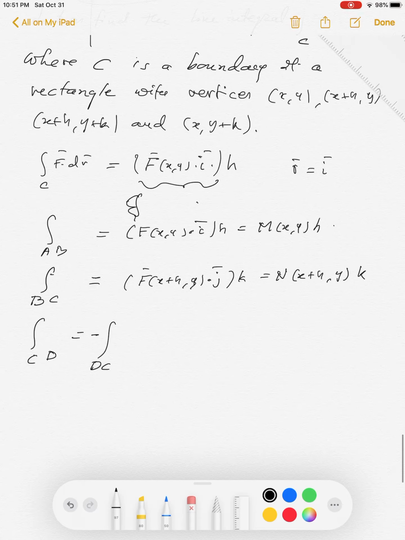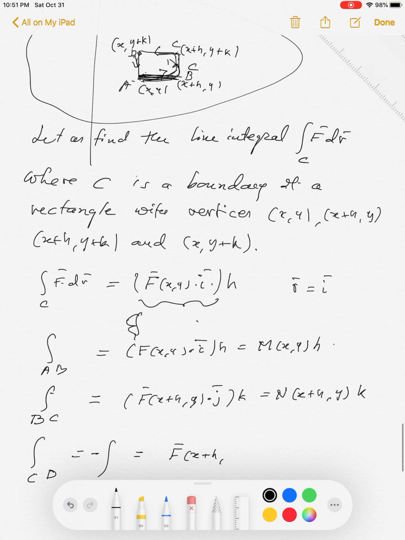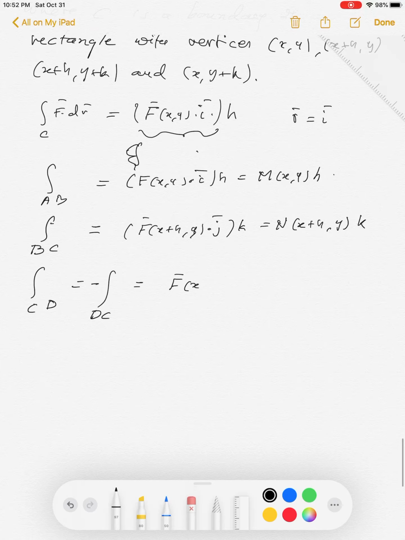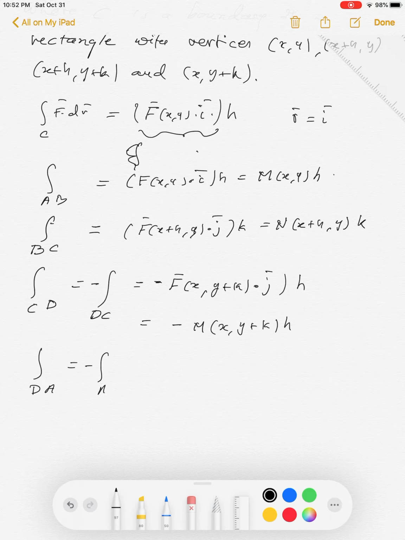The integral on CD is minus the integral on DC, which is f bar at (x, y plus k) dot j bar... sorry, dot i bar, times the length h, so this is minus M(x, y plus k) times h.